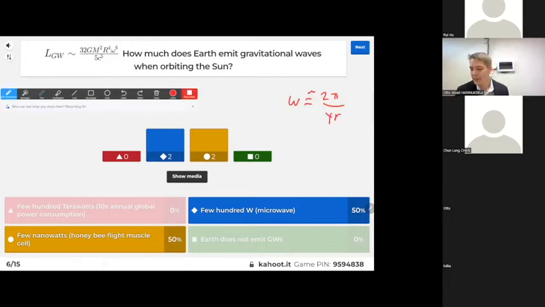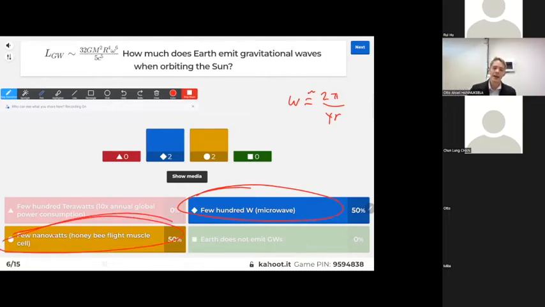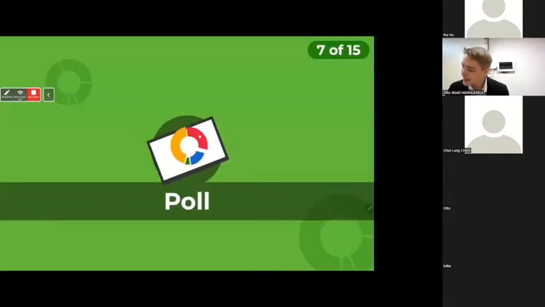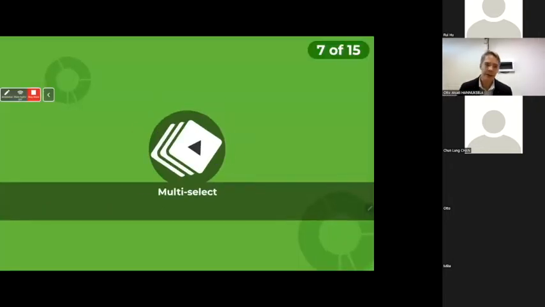Whether it's a few hundred watts or a honeybee flight muscle cell, I think it's quite clear that even though Earth does emit gravitational waves, and I'm also emitting gravitational waves by waving my hand, there isn't too much energy being taken away from the system. And because of that, we're not infalling into the sun. Okay, and let's move on to the next question then.